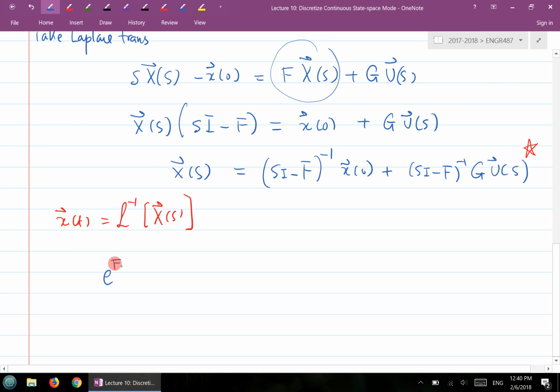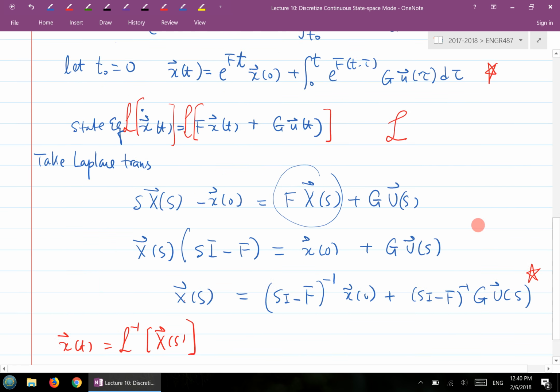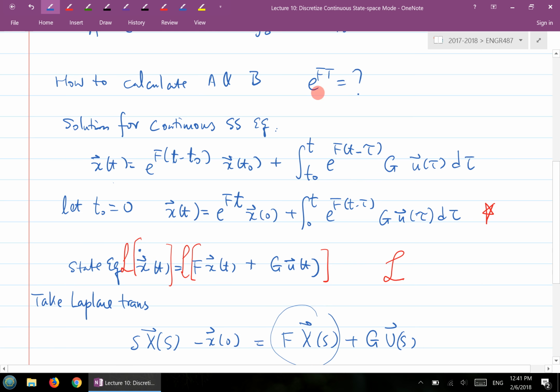So e to the power of F small t is equal to the inverse Laplace transform of that expression. And this will lead us to the objective here. Remember, the objective is e to the power of F capital T, right? This is the objective.